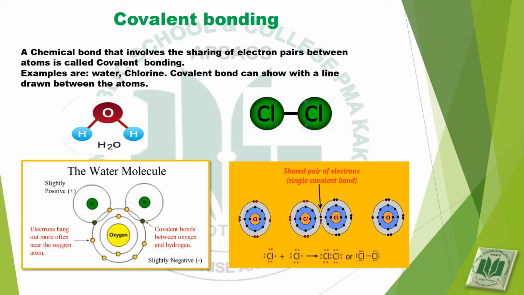In the other diagram, we have seen the structure of the chlorine atom. The chlorine atom requires 1 electron to complete its outer shell. So, both chlorine atoms share their outer electron and form a covalent bond.